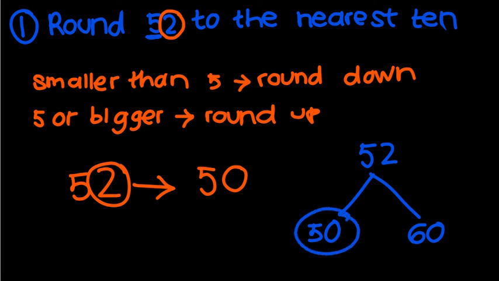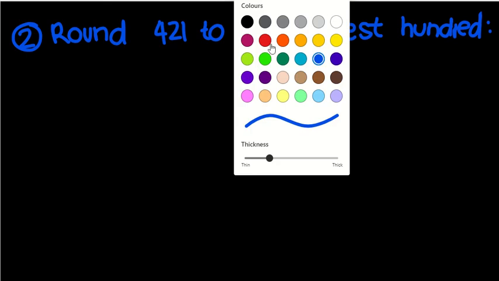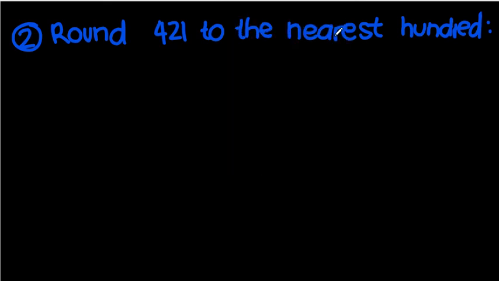Let's have a look at another few examples where we might be rounding to different place values. Round 421 to the nearest 100. First we always underline the number we're rounding, so we look at the 100, and the number next to it is what tells us. We've got 2 next to it, and 2 is smaller than 5, so we round down.